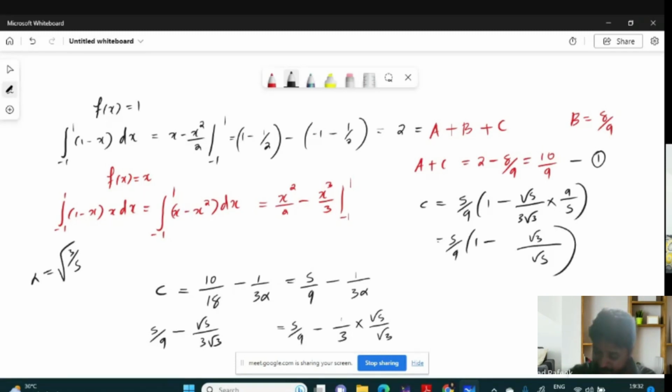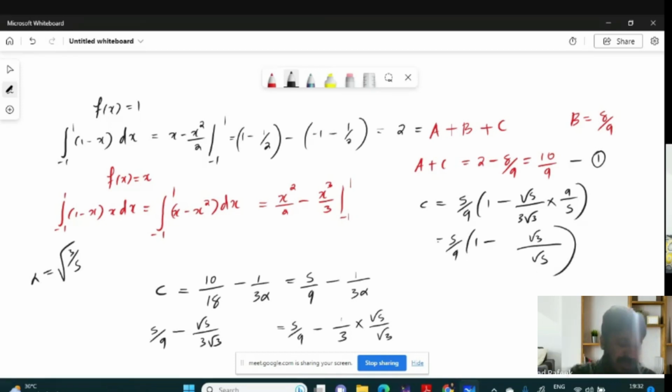Option 2 is incorrect. Option 1 may be correct. Option D also may be correct: 5 by 9 into 1 minus root 3 by root 5. So option 2 is incorrect. Option 3 is incorrect. Only 1 or 2 may be correct.